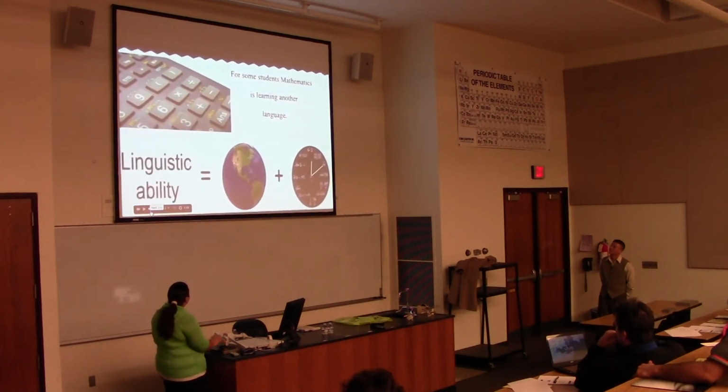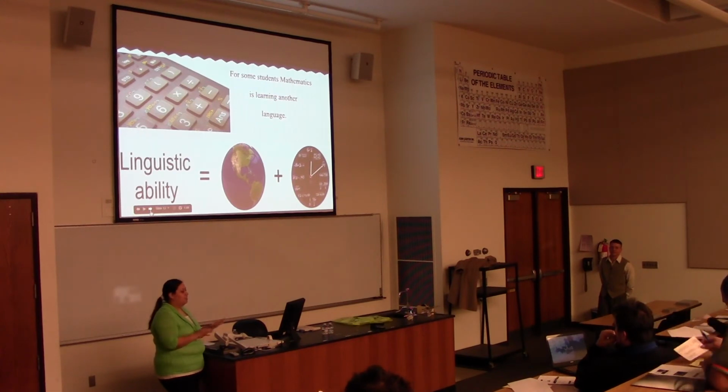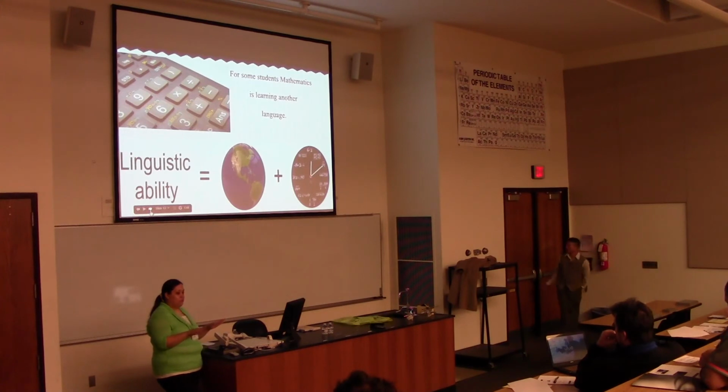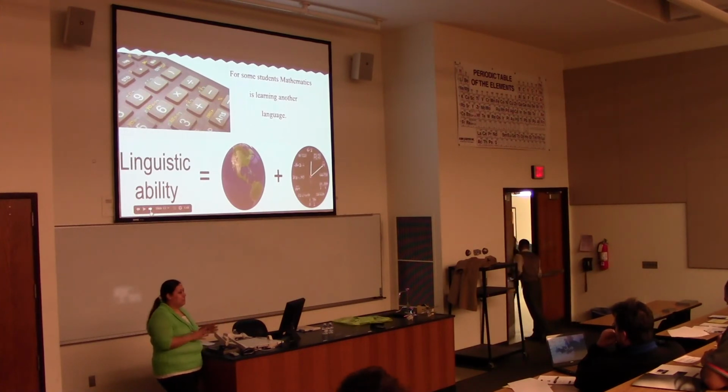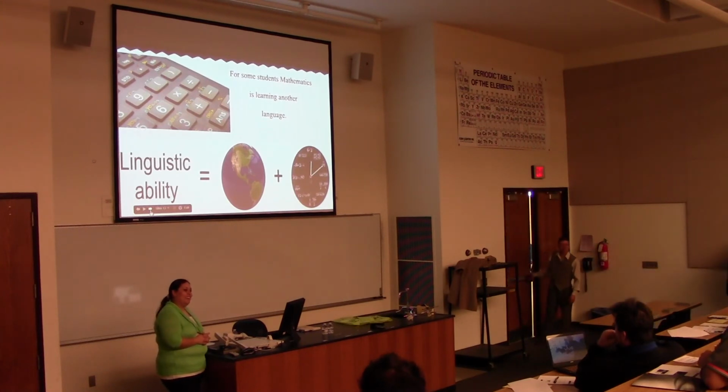Now, for some students, mathematics is speaking another language. We have put some cards on you guys', and it has some mathematics stuff in there. Does anybody can tell me what the card is in mathematics? Wait, what you got? 7 times 7.